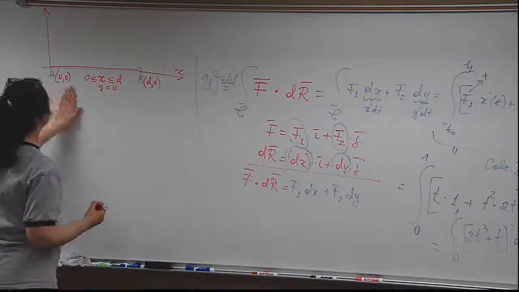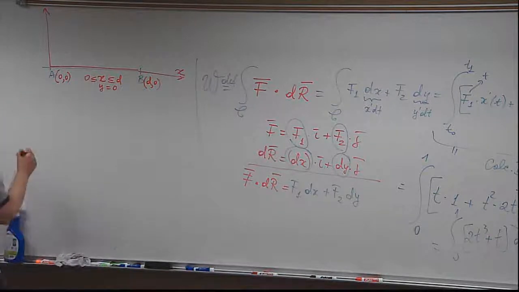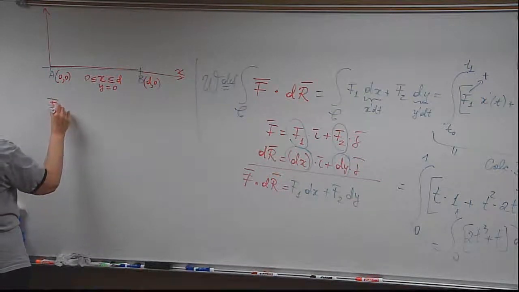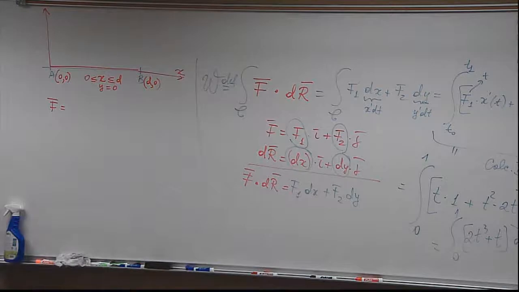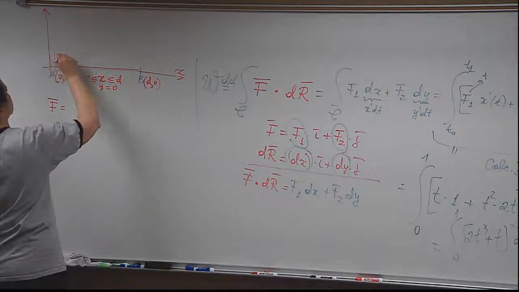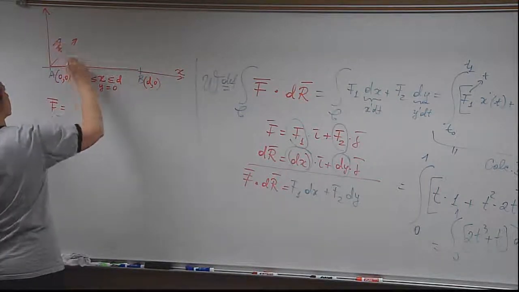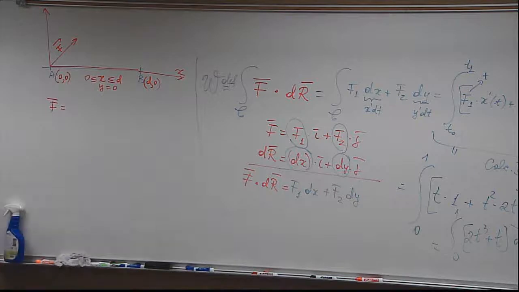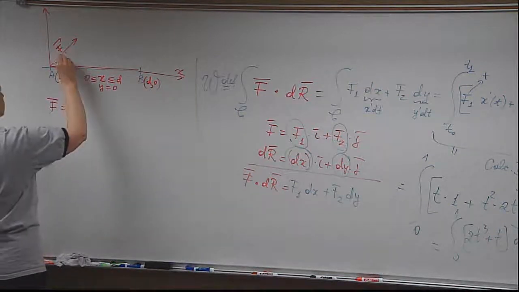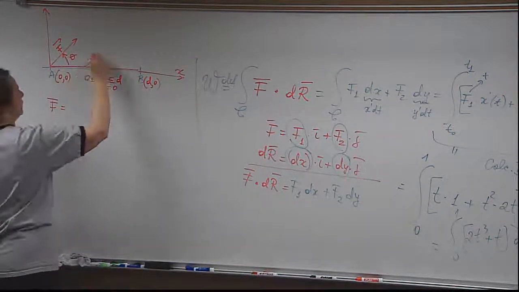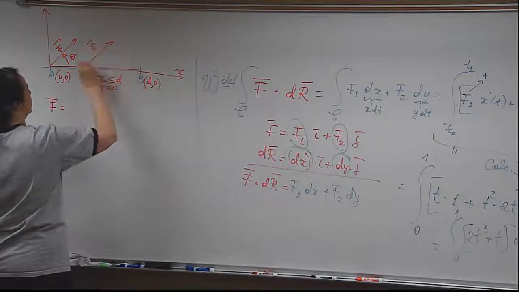And then F, let's say F should be this function, and assume the angle is constant, just like I had it before, theta, and then it's acting all the way on your object.